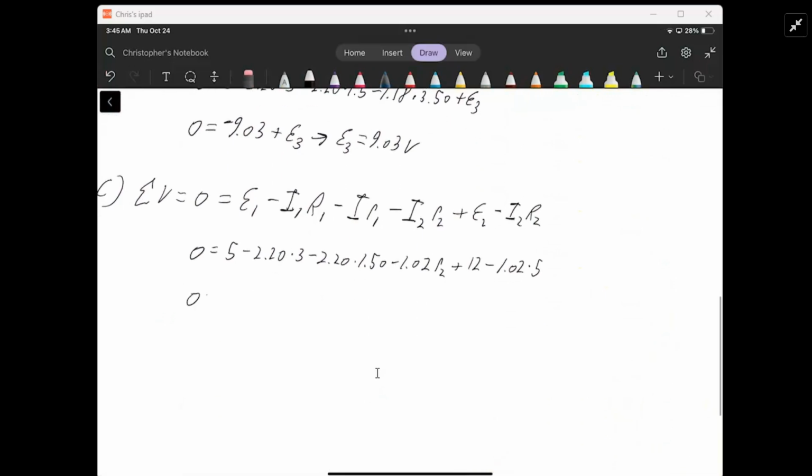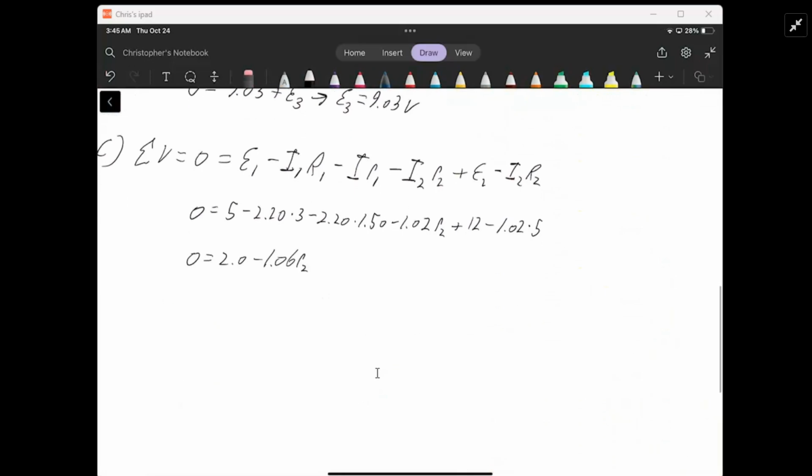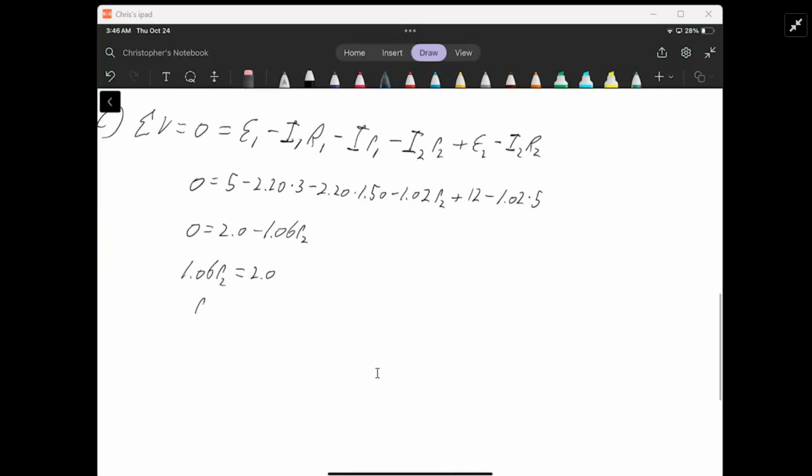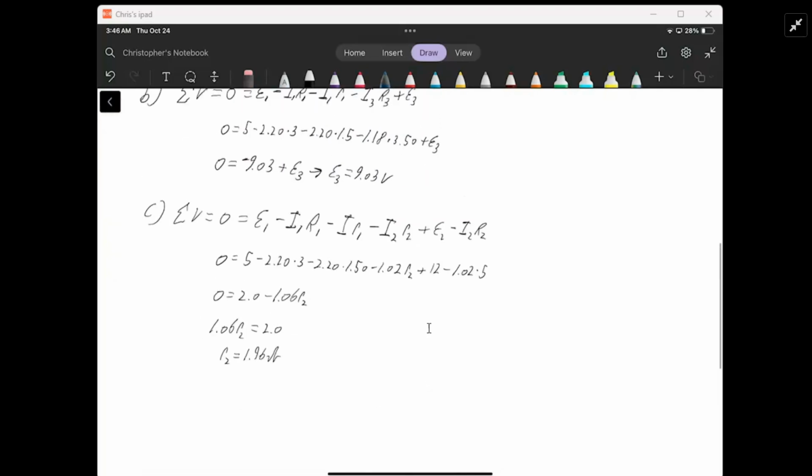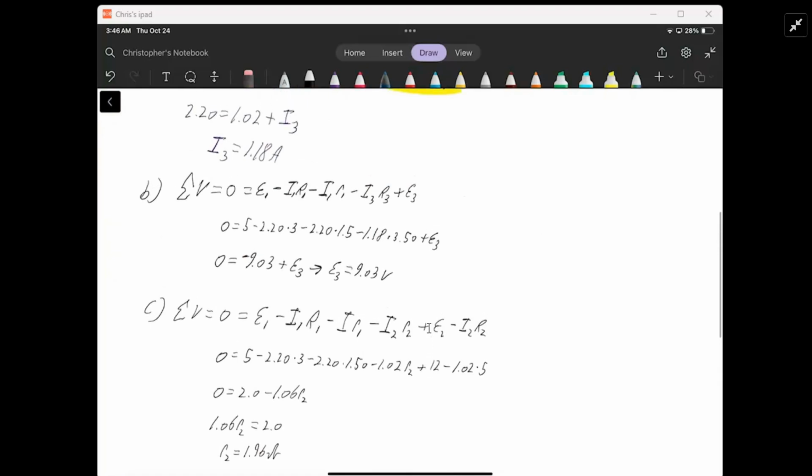When you simplify that, you're going to get 2.0 minus 1.06 r2. So 1.06 r2 equals 2.0, and thus r2 equals 1.96 ohms. So we found lowercase r2, and we found E3.